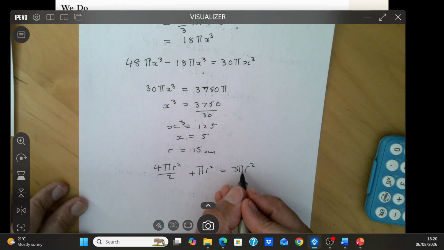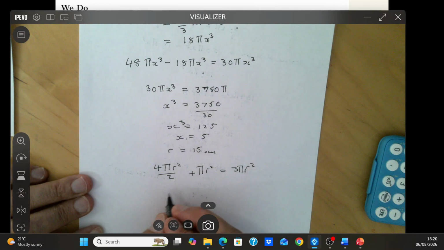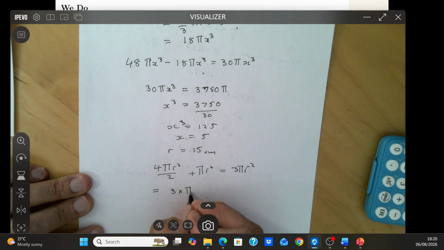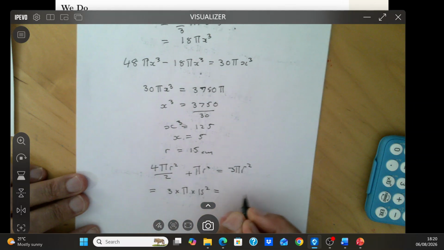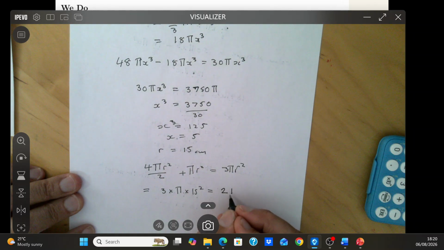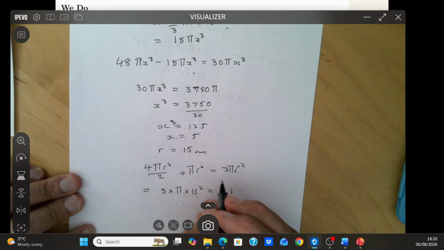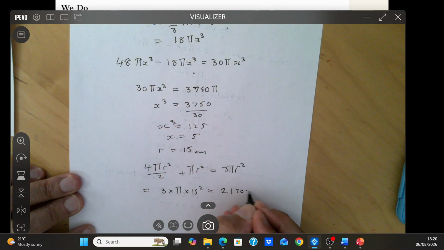Now, some of you will just be remembering that by now, which is fine, which gives me 3 times pi times 15 squared, which gives me in my calculator 2120.575.